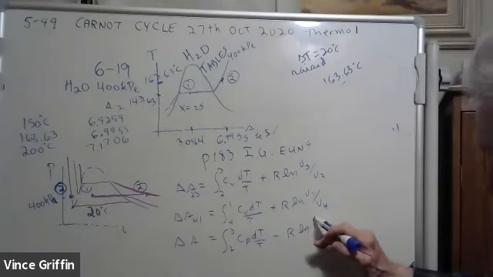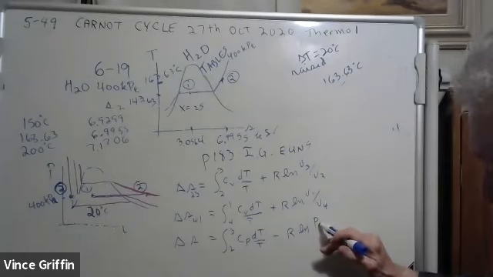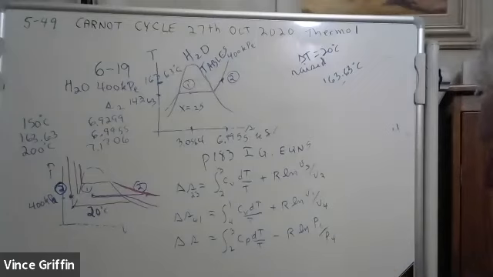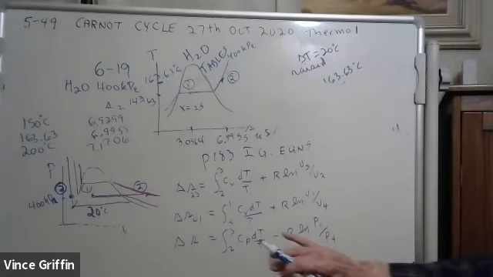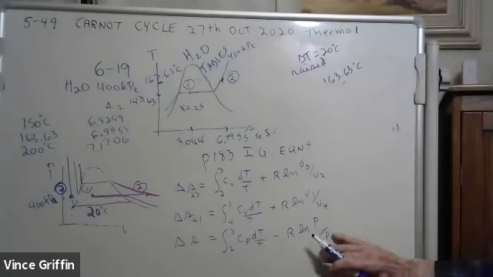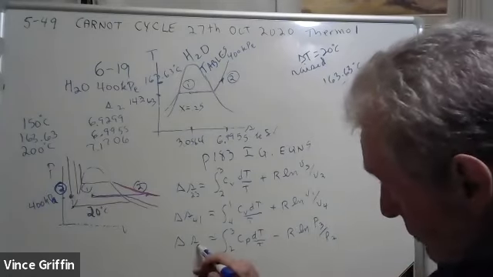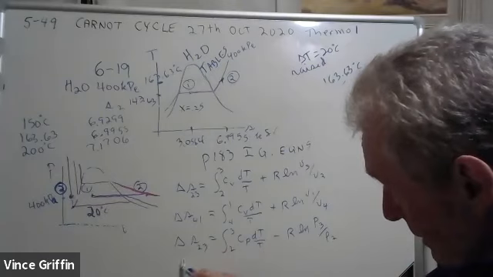But here, these are not specific volumes. They're pressures. Okay, I'm getting fouled up here. If we're going from 2 to 3, this needs to be 3 and this needs to be 2. This is going from 2 to 3.